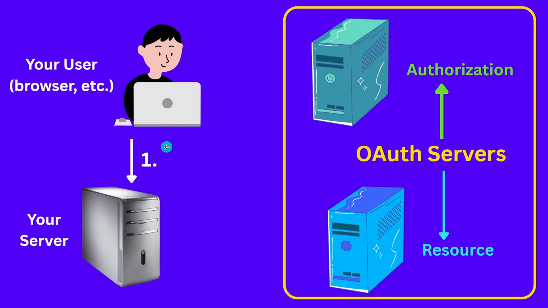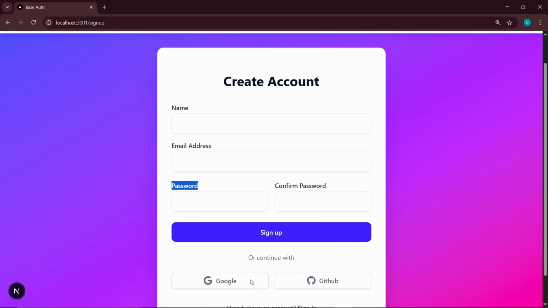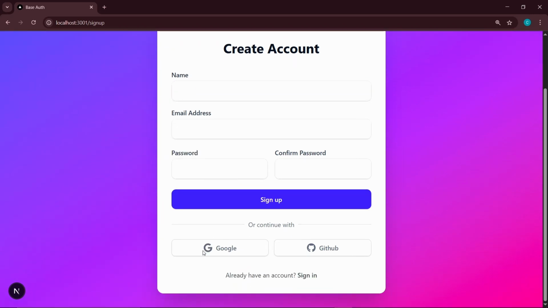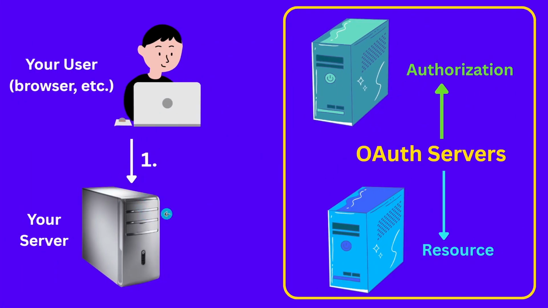Okay, so that happens whenever the user clicks any of these buttons, okay? All websites or applications have buttons like this or links where the user is going to initialize this process. So whenever the user clicks on any of these buttons, they are sending a request to our server, telling our server that I want to authenticate with, let's say, Google, for example, okay?